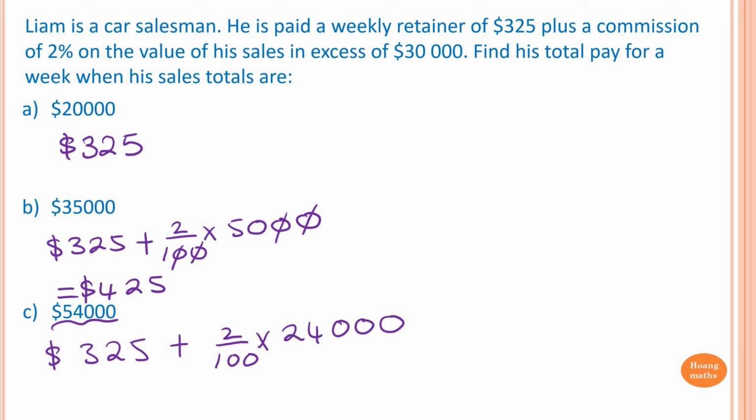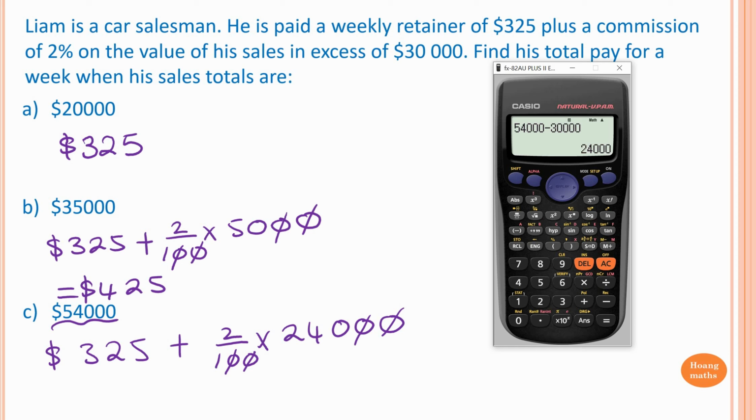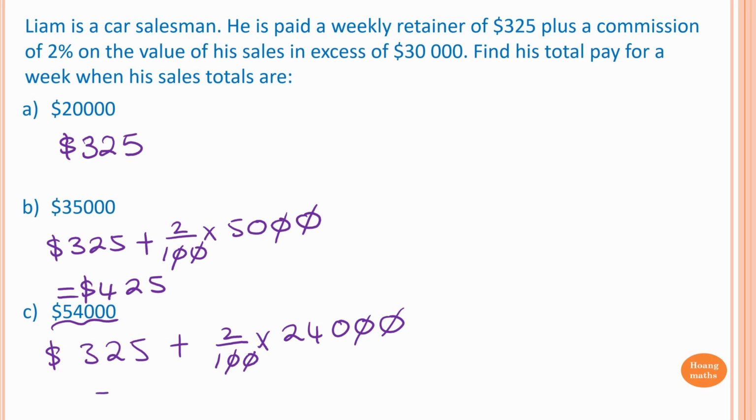I can cancel the zeros here, and I can just put it in the calculator: 325 plus 480. Otherwise, just type exactly the same on a calculator. So you should get $805.